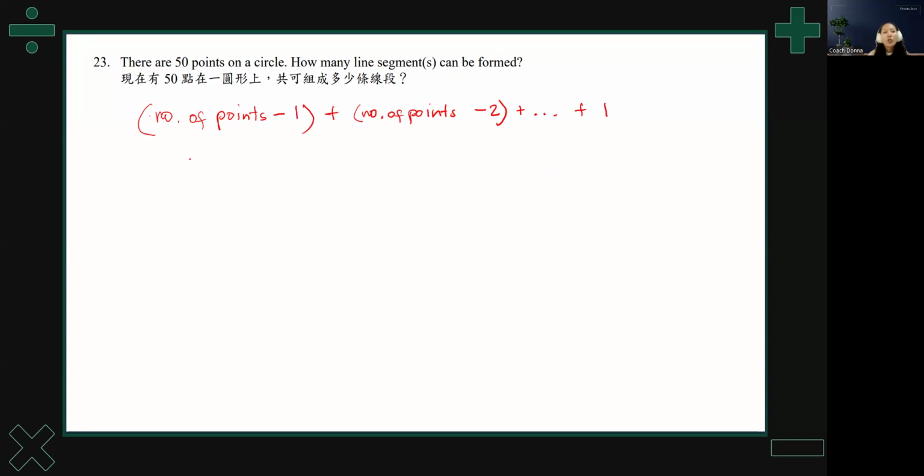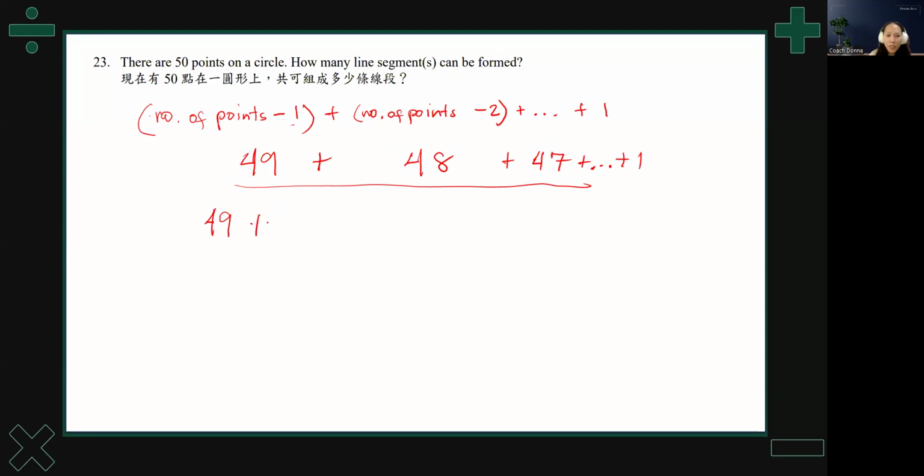All right? So from 50 minus 1, that's 49. 50 minus 2, that's 48. Plus so on, okay? So 47, 46, and so on and so forth until we'd end up with a 1. To add this one, this is an arithmetic sequence again. So last term plus first term, divided by 2, and the number of terms is 49.